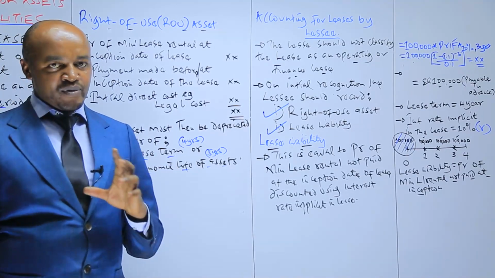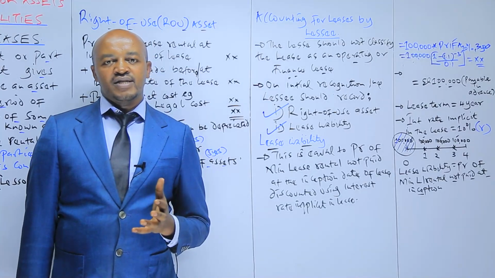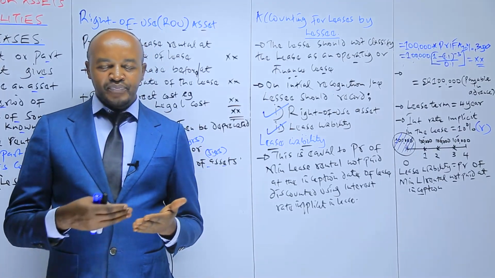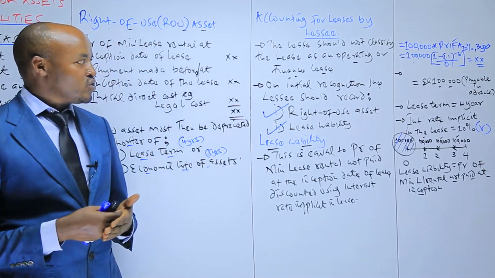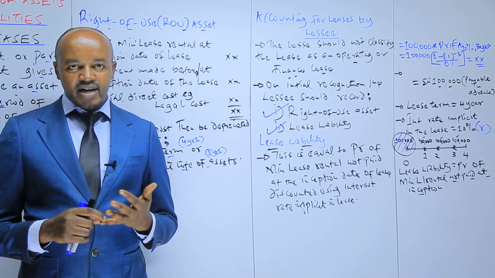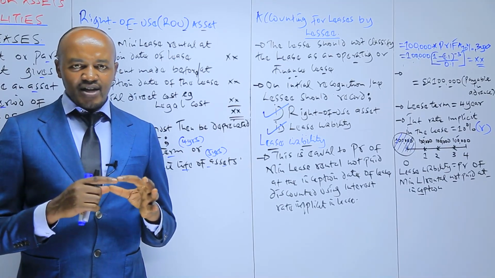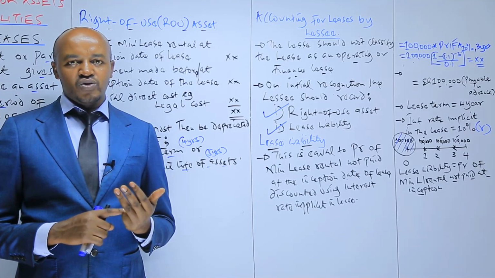But in this case, we have two exemptions, or two circumstances, whereby the lessee is exempted from recognizing those two items in his books of account. So it means that in a number of circumstances, the lessee is not required to recognize the right of use asset and the lease liability in his books of account.